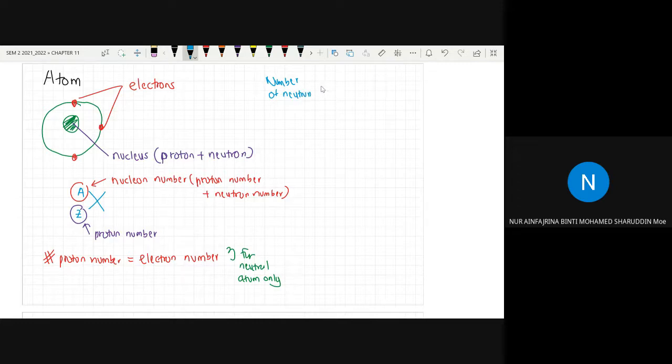Very good. The number of neutrons will be the nuclear number minus the proton number. So this is how you find your number of neutrons. This is the basic thing that I hope you can understand.